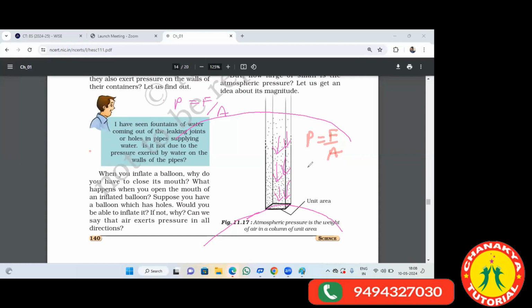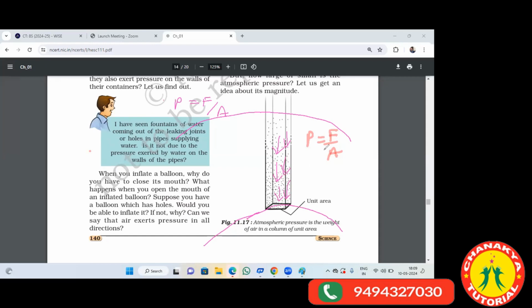So now you have understood that it is the air which is pushing the earth, and since it is applying a force, there is a force being exerted by the air on the surface of the earth.